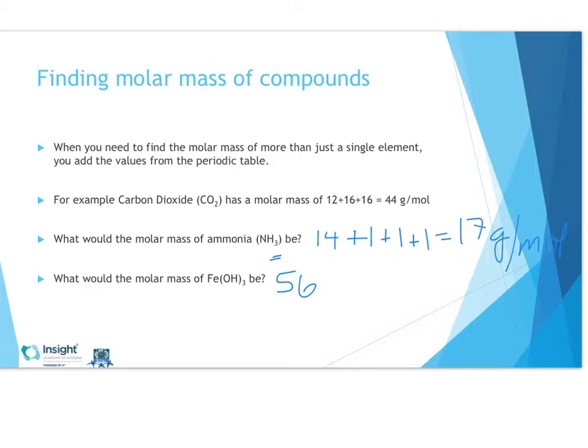Okay, so we're going to add 16 3 times and 1 3 times. All right, so that would be 56 plus 16 plus 16 plus 16 plus 3 is 107 grams per mole.